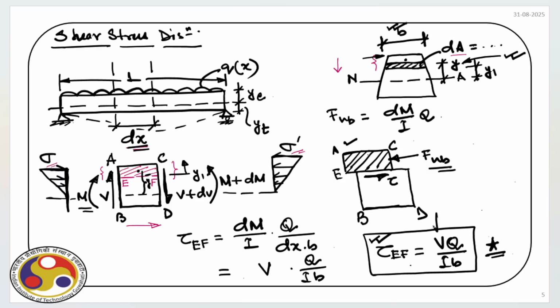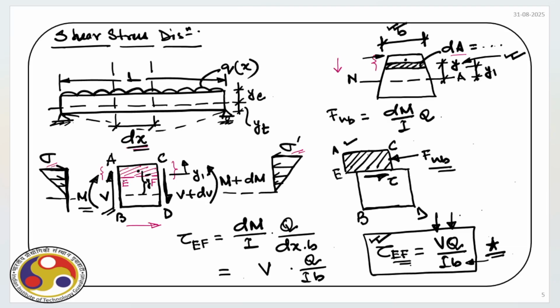Now, remember V is the shear force acting at the section. Then Q is basically the first moment of area of the cross section above the fiber. In this case, we are considering a fiber at EF. So, Q is the area of the cross section, as you can see here, ACEF, and the first moment of that area is equal to Q. I is the moment of inertia that is fixed for a particular section, and B is the width of the fiber EF.